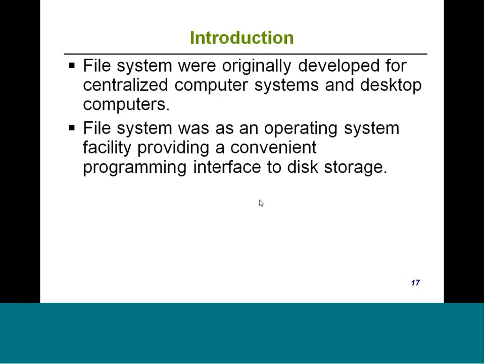So instead of saying, okay, go to sector 12 on disk 4 to get me my program, you can say simply, go to /home/x/y, and that's where my program lives. So there's a lot of translation that goes on behind the scenes.